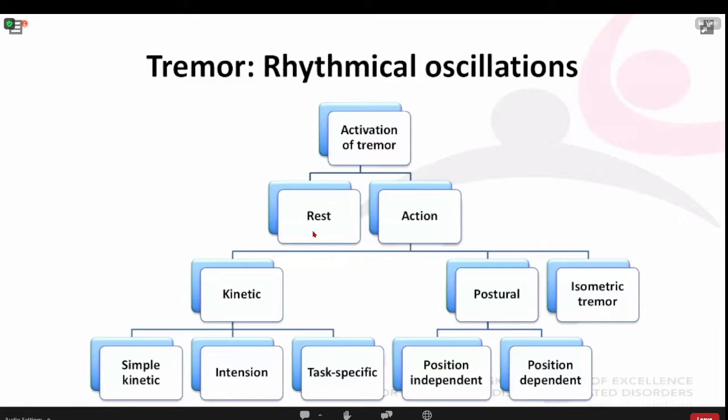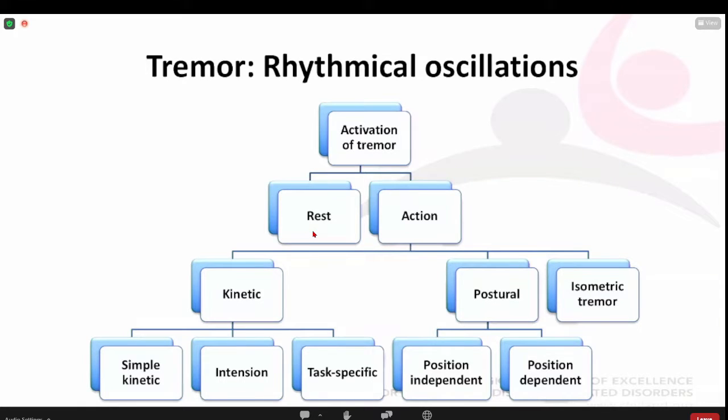And we can classify into rest and action, and action can be classified into kinetic, postural, and isometric. The kinetic tremor occurs when we have an activity, and we can test with the finger to nose test.